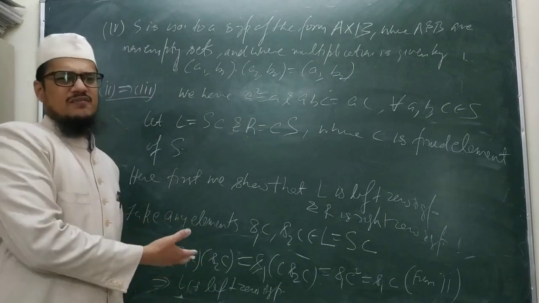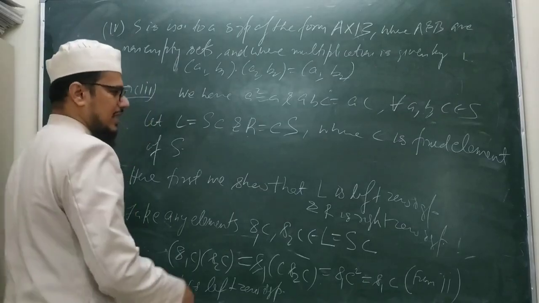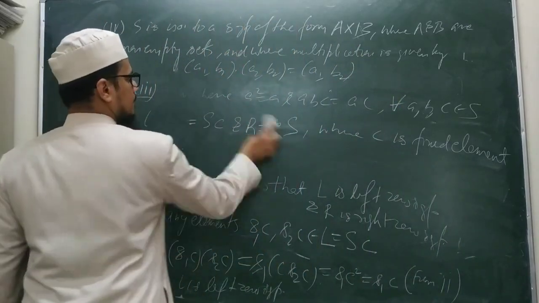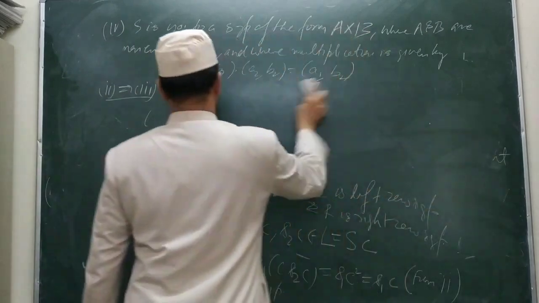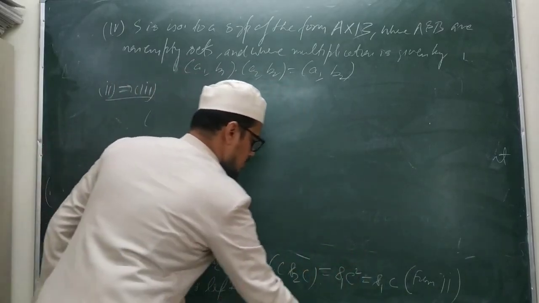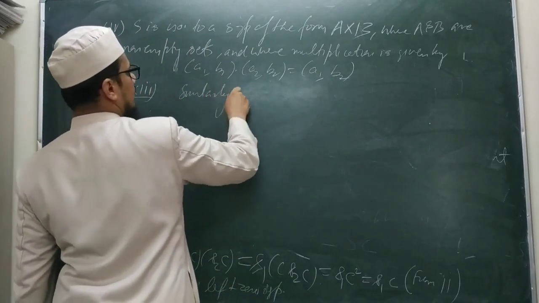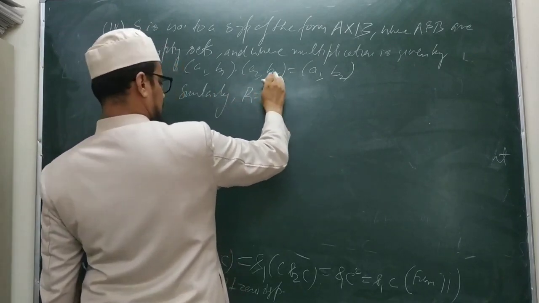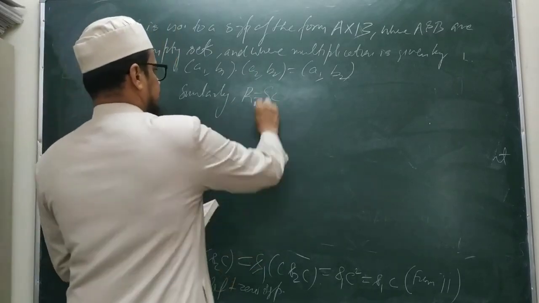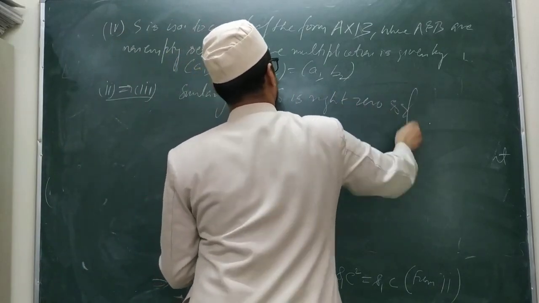Similarly, you can verify by yourself, all of you, that R is the right zero semigroup.